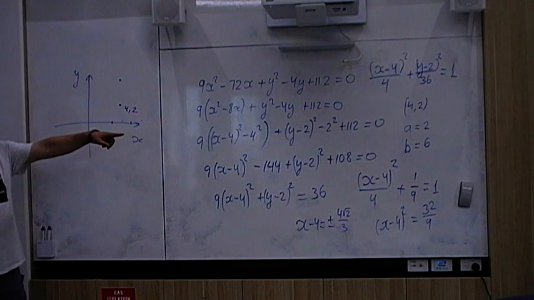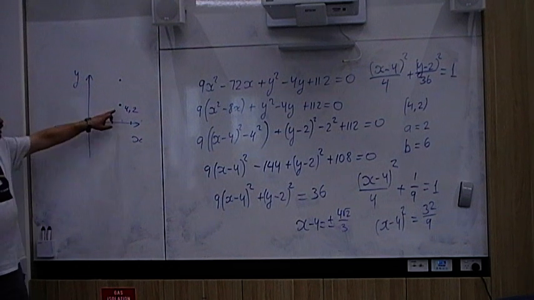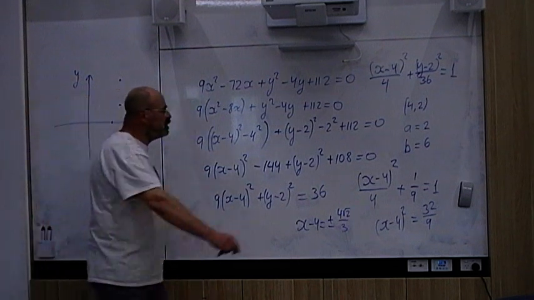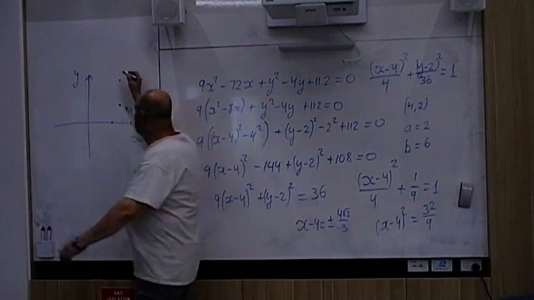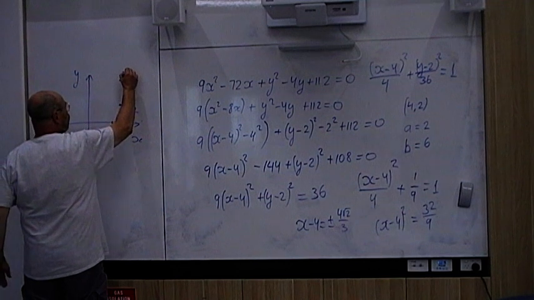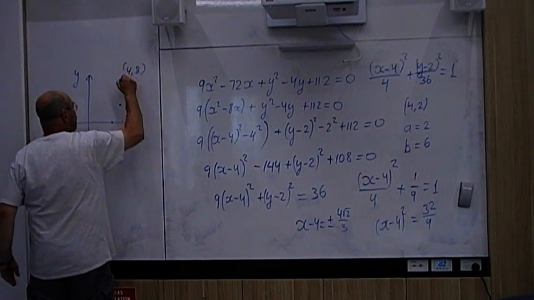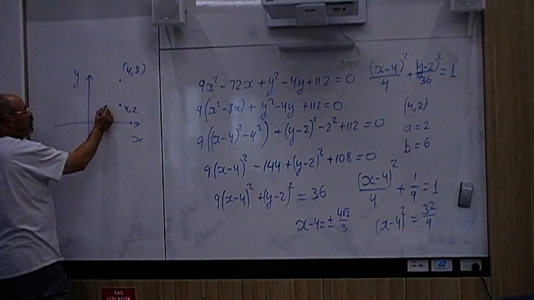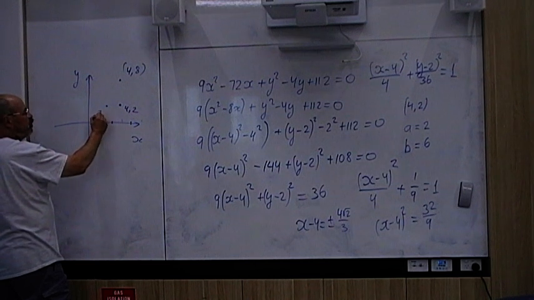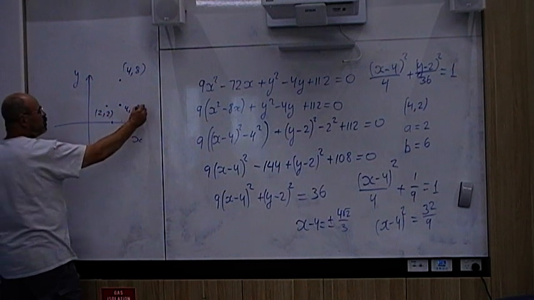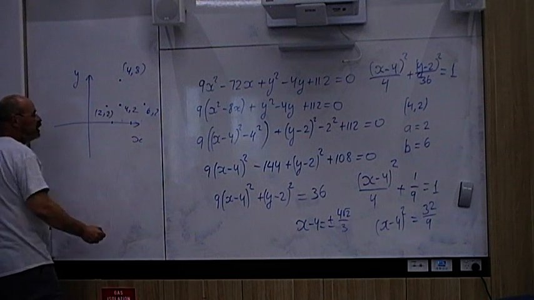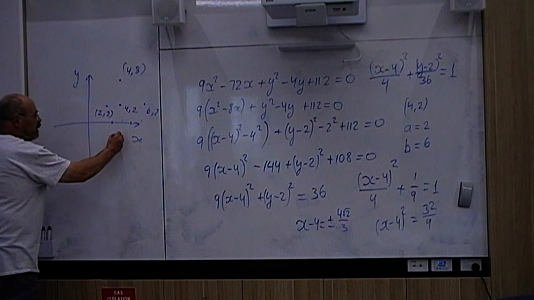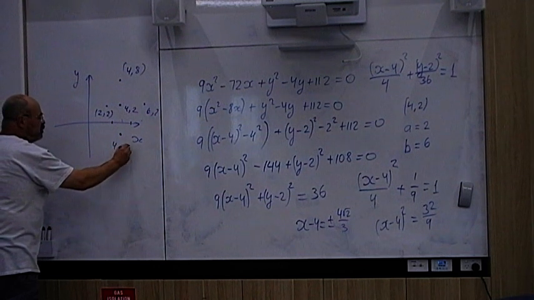We have 4 plus, vertically we have semi-axis 6, sorry, 2 plus 6 is 8, so we have 4, 8. The most left point, 4 minus 2, is 2, 2. The most right point is 6, 2. The very bottom point is 4, minus 2.